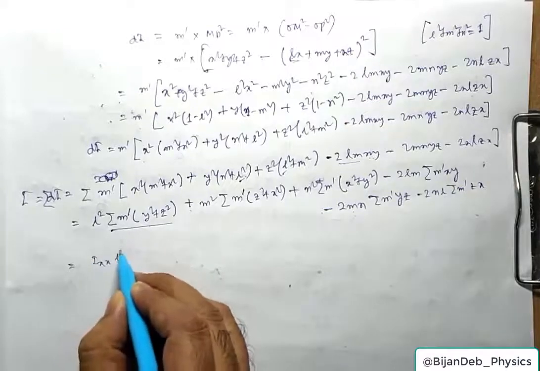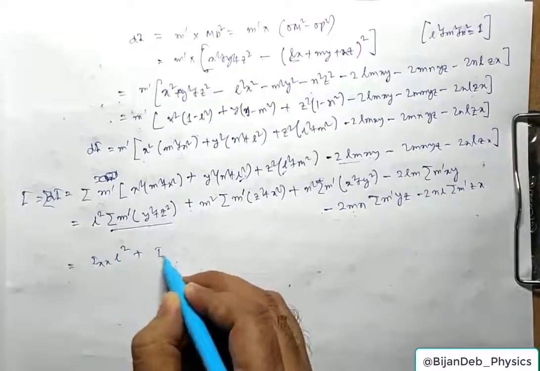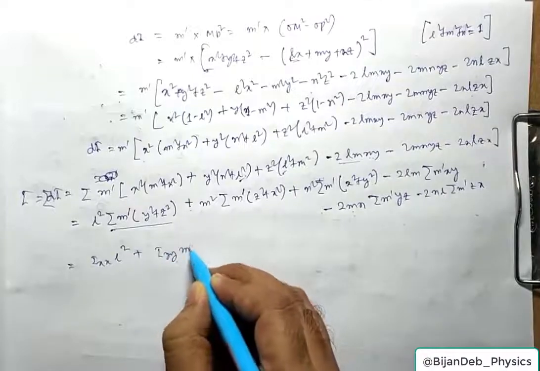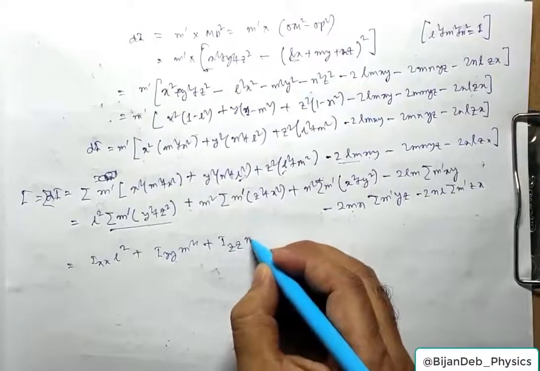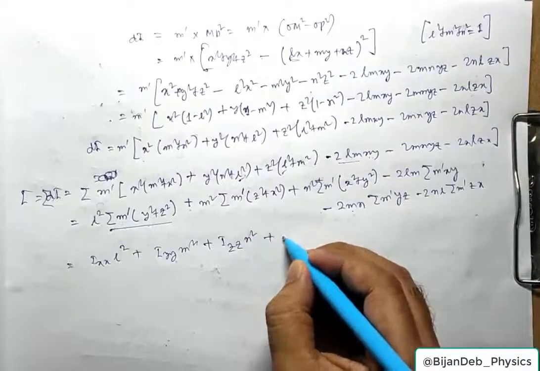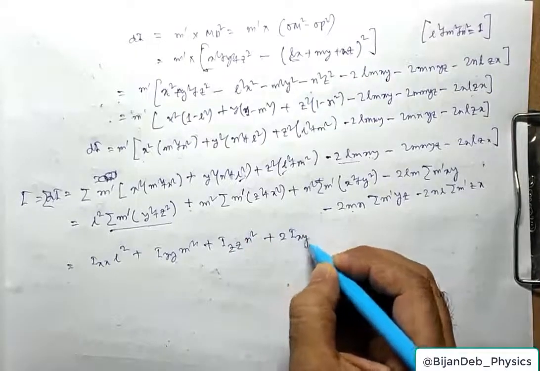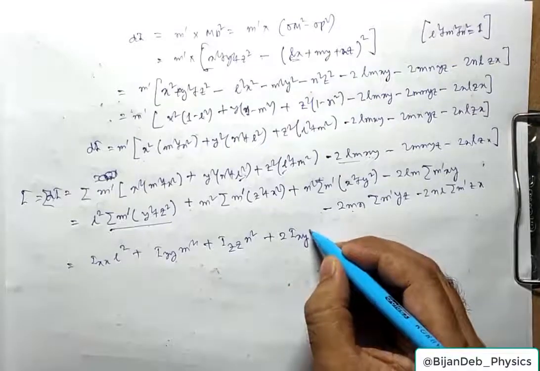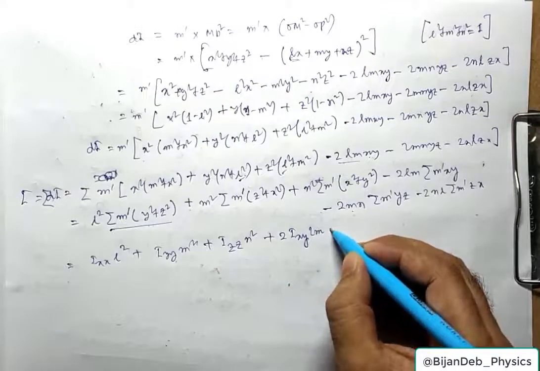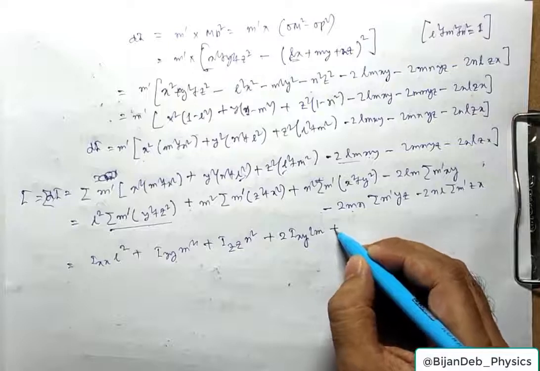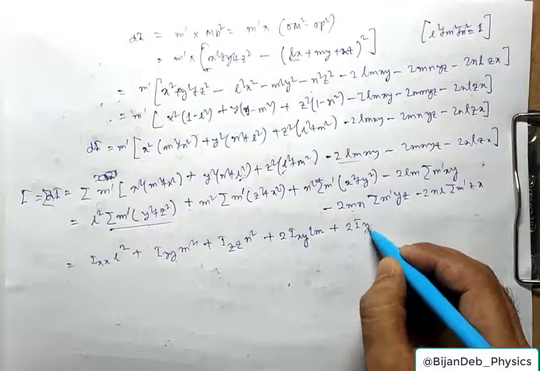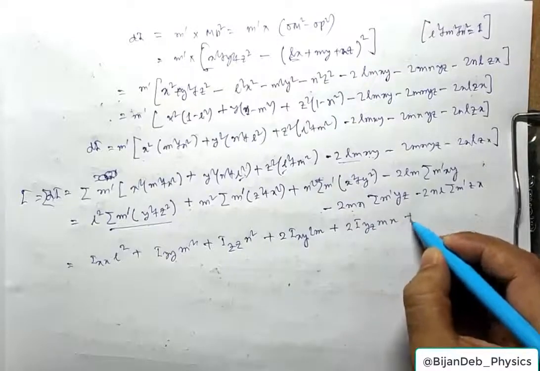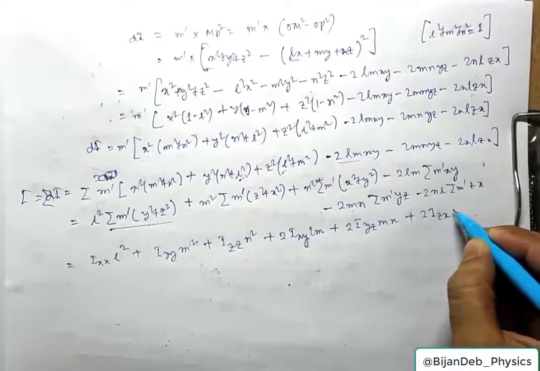Now we use this notation: Ixx l square plus Iyy m square plus Izz n square plus 2Ixy lm plus 2Iyz mn plus 2Izx nl.